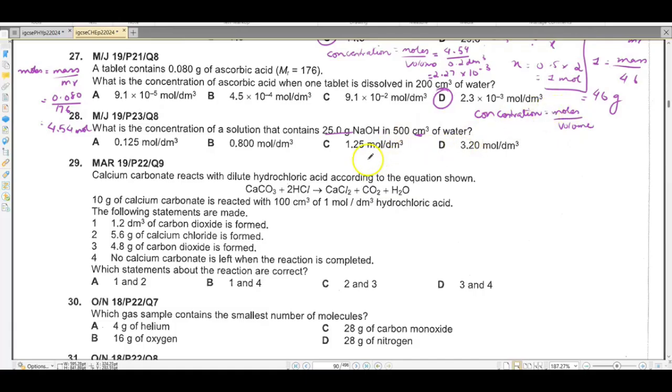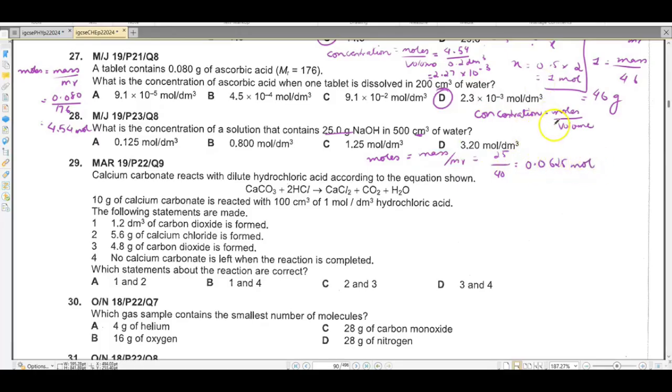First we need to find the moles of NaOH. We use the formula mass over MR. So the mass is 25 and MR for NaOH is 40. So 25 divided by 40 gives you 0.0625 moles.